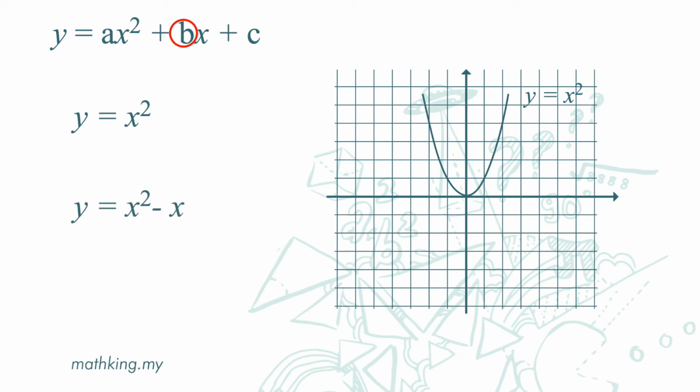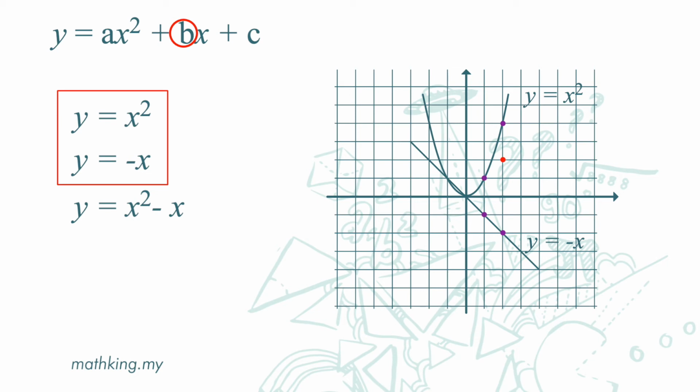How about this one? y equal x squared minus x. To get the graph of y equal x squared minus x, we add up these two graphs. Negative 2 plus 4 is 2.